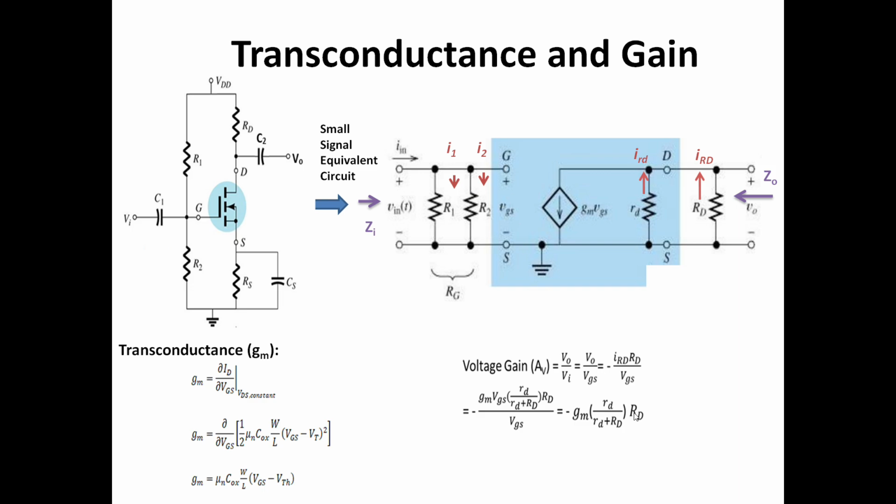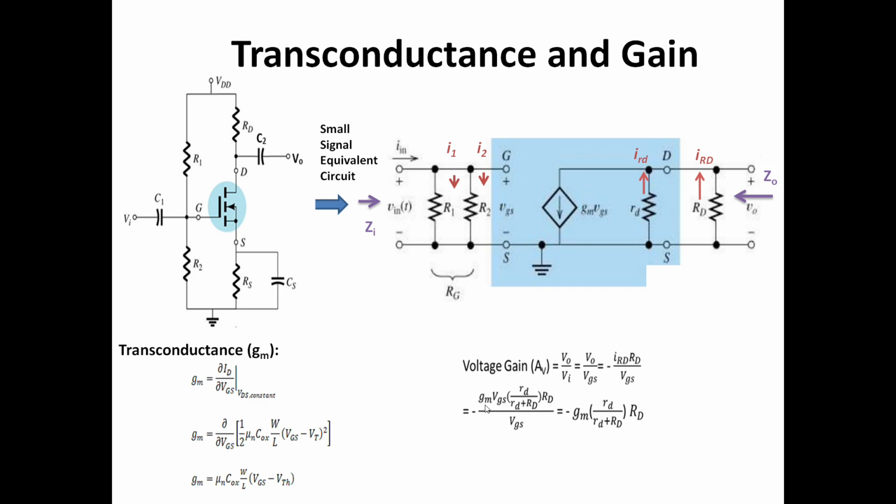So gain equals I capital RD into RD by GM by VGS. Now this IRD is replaced by GM VGS into smaller RD by smaller RD plus capital RD into capital RD by VGS. VGS now cancels out.